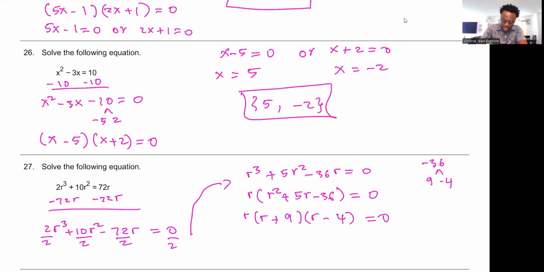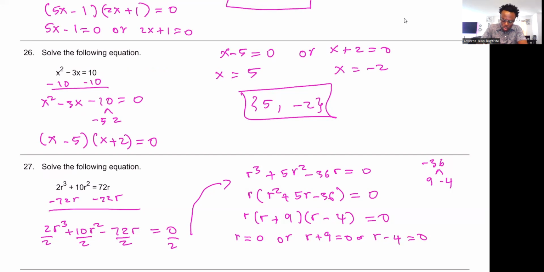And then we go ahead and solve each factor separately, setting it equal to 0.